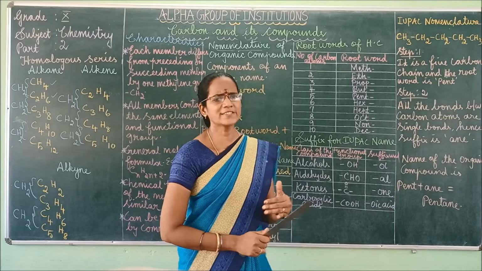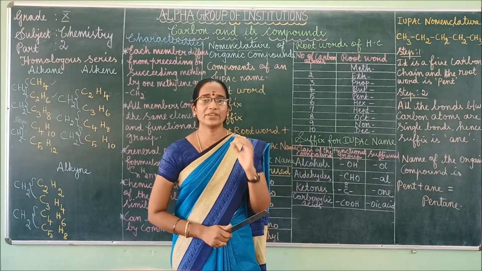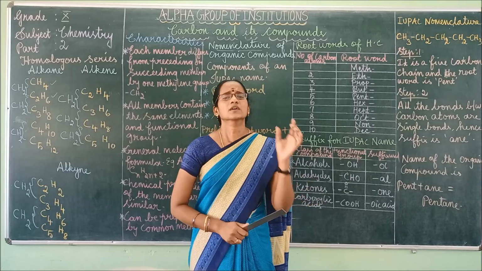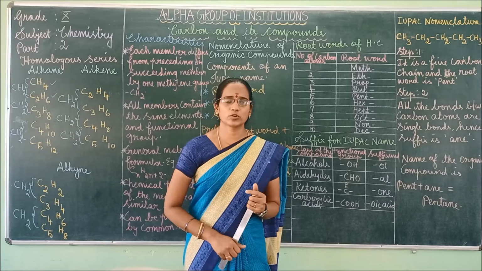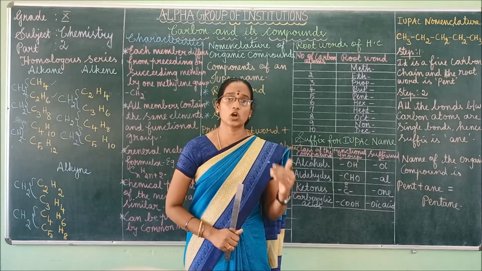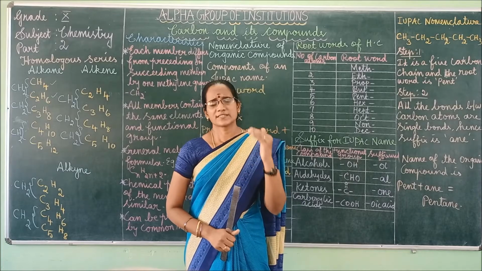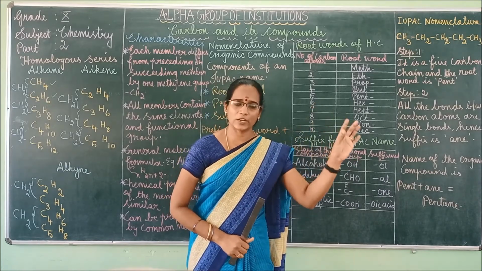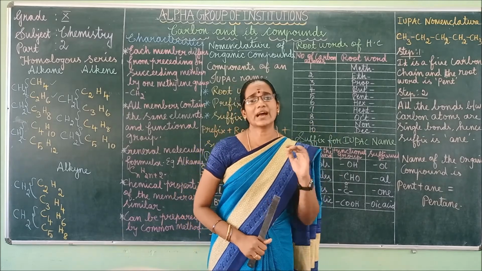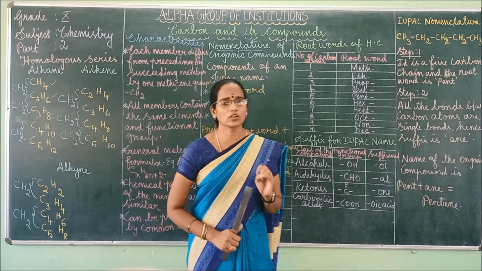Next one, we have to give the numbers. These numbers are called the locant numbers. If both substituents as well as functional groups are present in a compound, then we have to give preference to the functional group. This is rule 1. Got it?